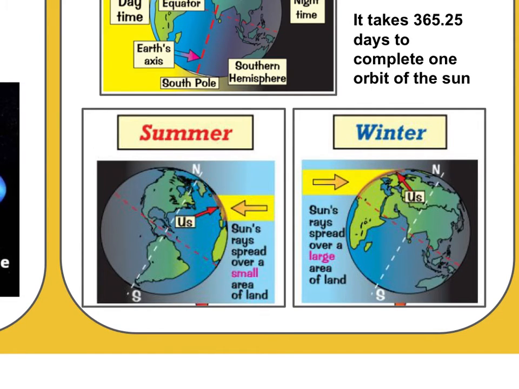So the sun's rays are able to spread out over a smaller area of land, which is why it's hotter. Whereas in the winter, the sun's rays are spread out because the North Pole is away from the sun. So if you're in the northern hemisphere, it's going to be winter. If you're in the southern hemisphere, it's going to be summer.